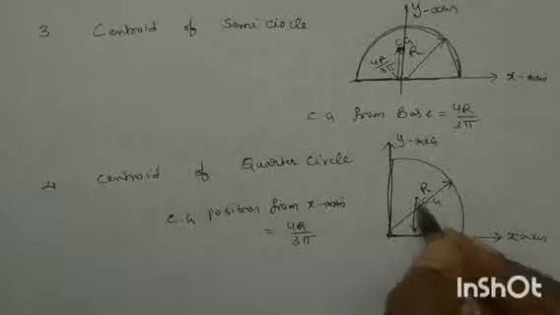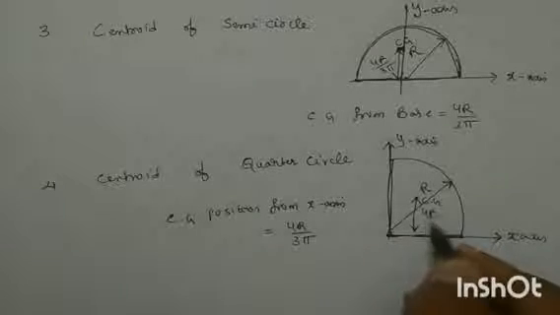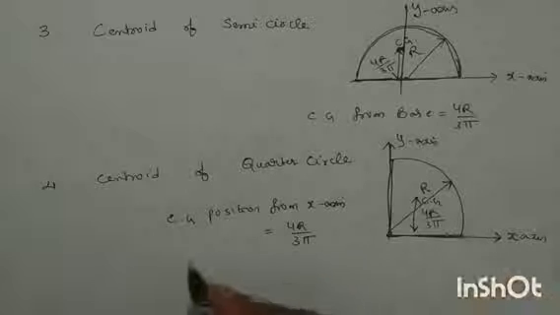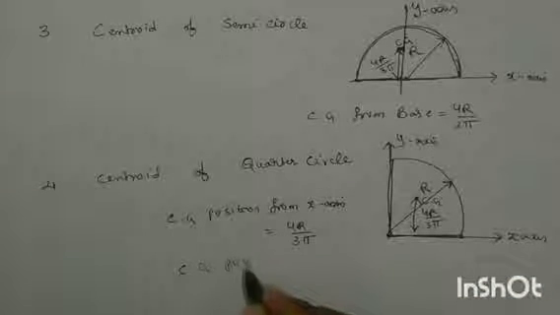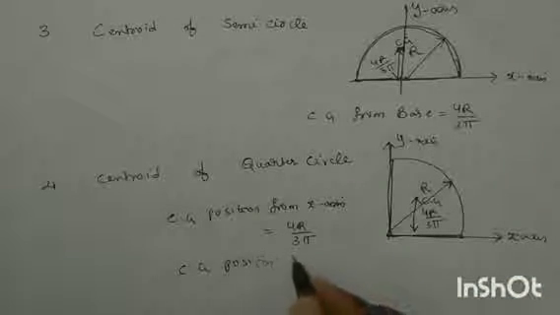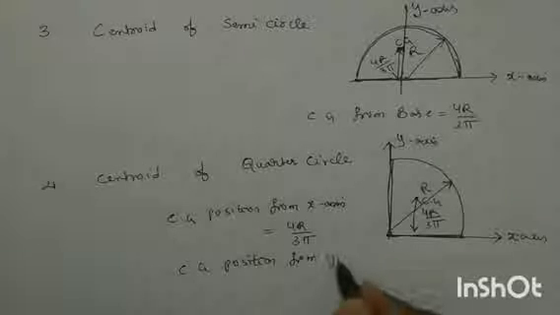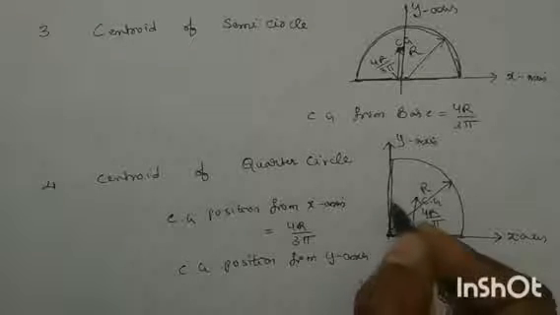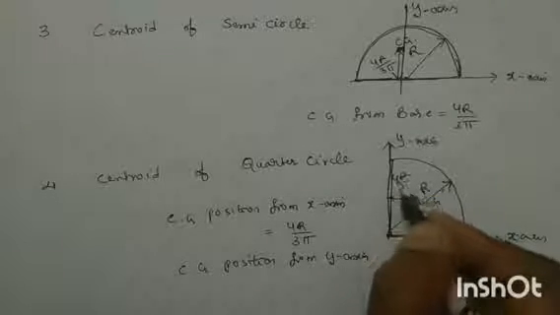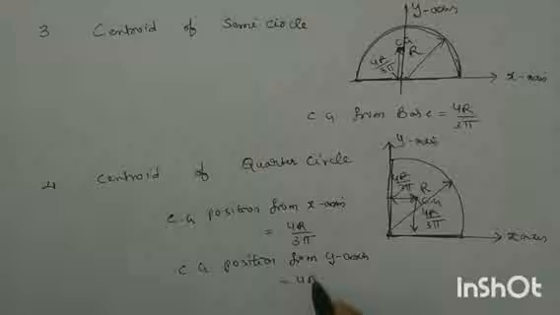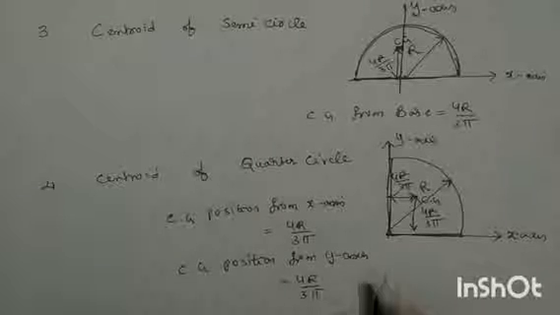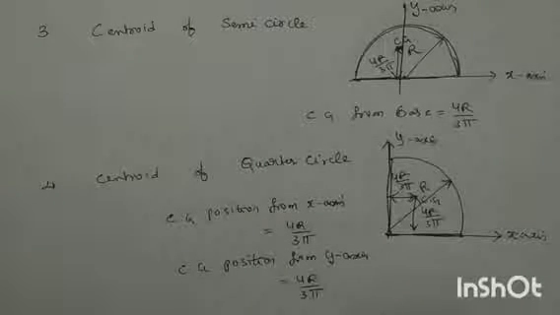So from the x-axis to CG point, how much distance? 4r by 3π. Similarly, the CG position from y-axis, this is the y-axis, so from y-axis to CG position 4r by 3π. Okay, so these are very, very important formulas.